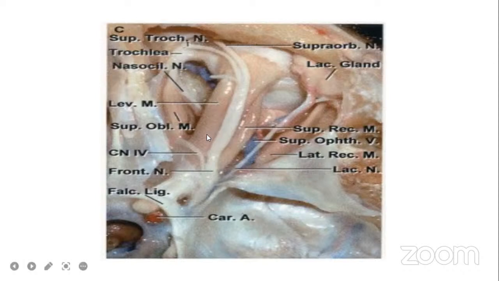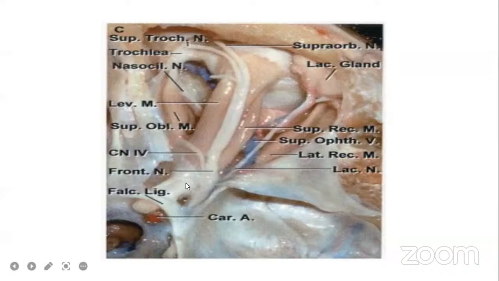Nasociliary travels ahead, further giving divisions. Here is the trochlear nerve, which travels to the superior oblique muscle.